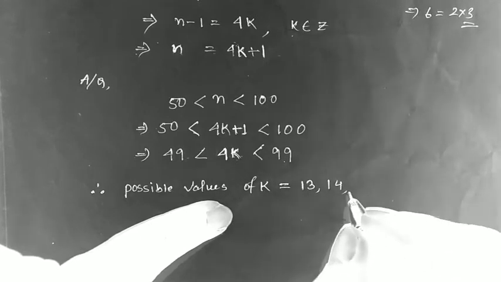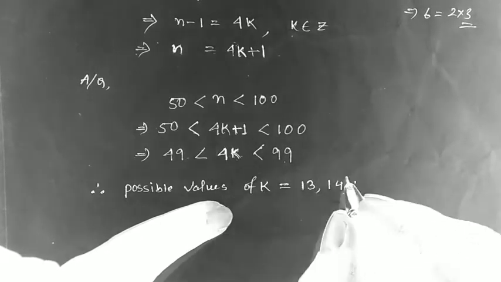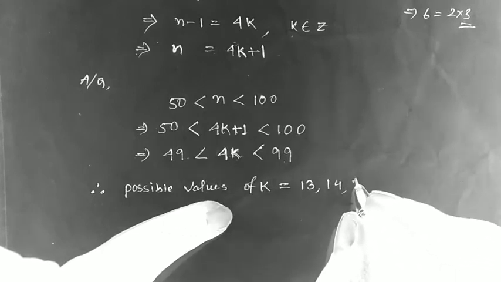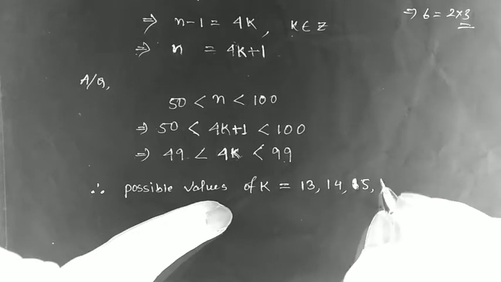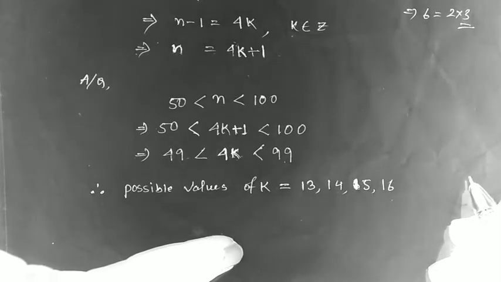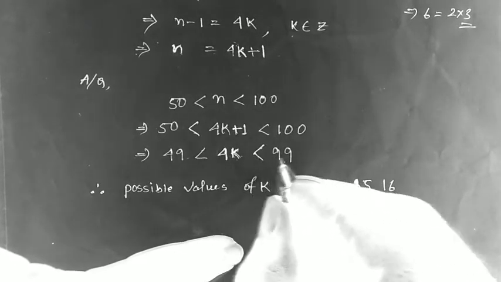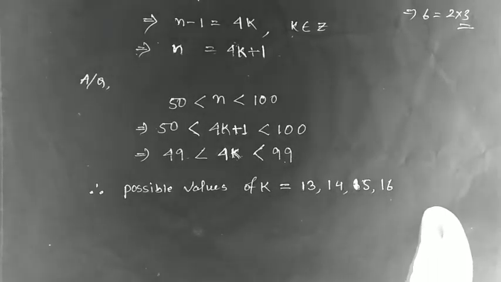Then 15, 4 15s are 60, which is greater than 49. So in this way you have to consider values up to the point where it does not exceed 99.